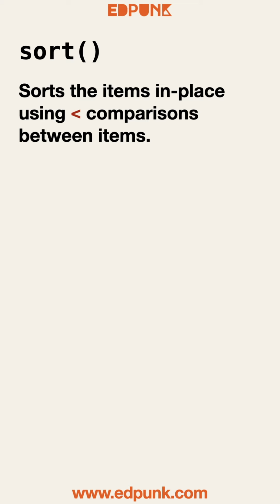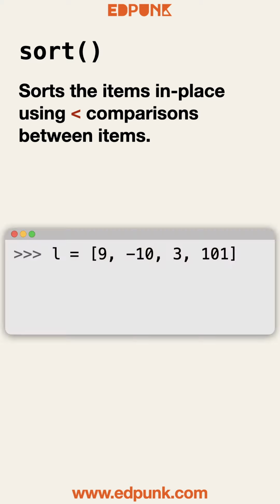Moving on to the next method, which helps us in sorting a list. Python lists have a built-in sort method which sorts the items in place using lesser than comparisons between items. For example, let us assign a list containing numbers 9, minus 10, 3 and 101 to a variable L. Execute L.sort.